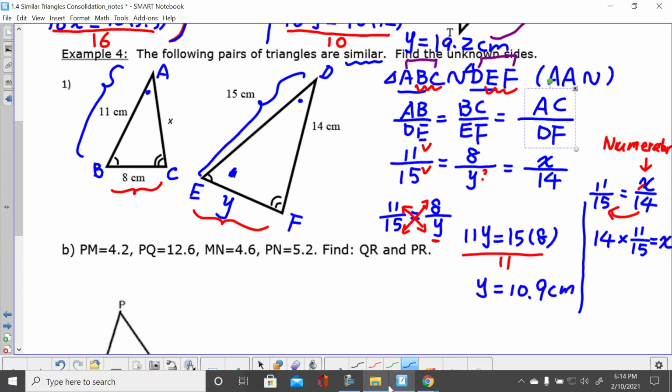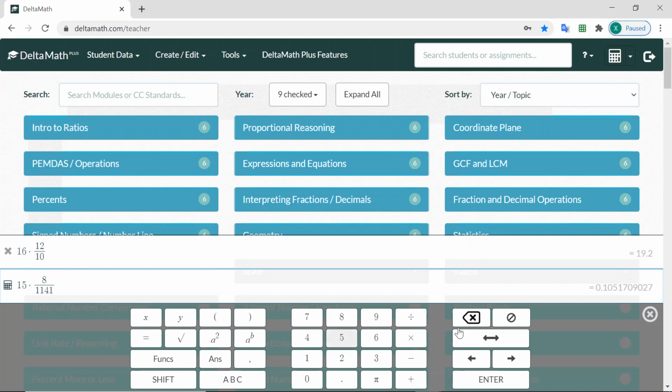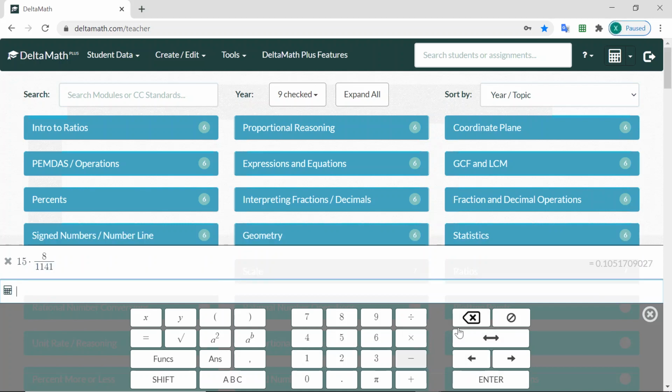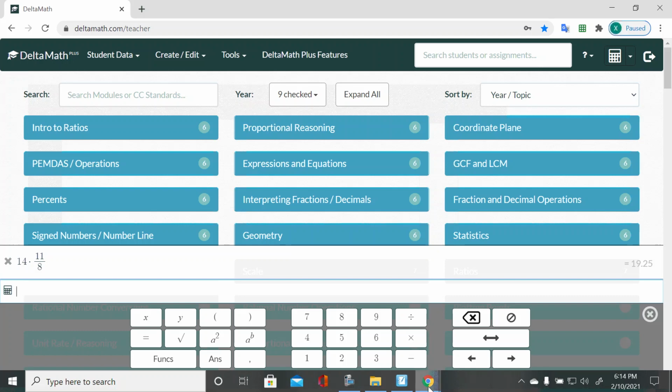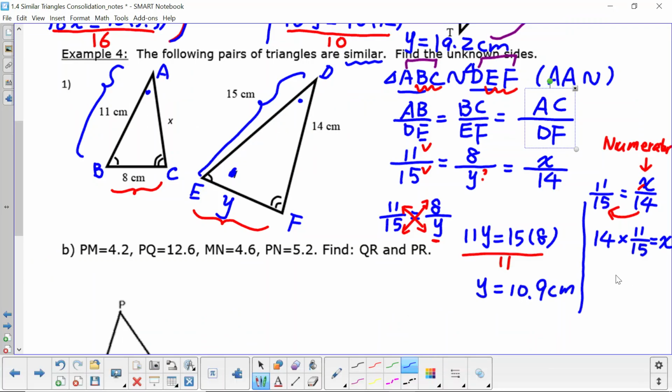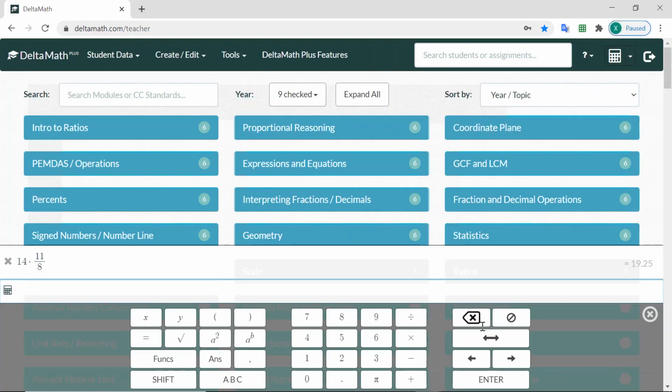Then we do the calculation. 14 times 11 divided by 8. Then you have 19.25. Sorry, divided by 15. So it's not right. Just delete and okay, 14 times 11 divided by 15.